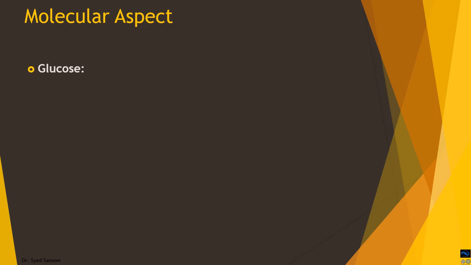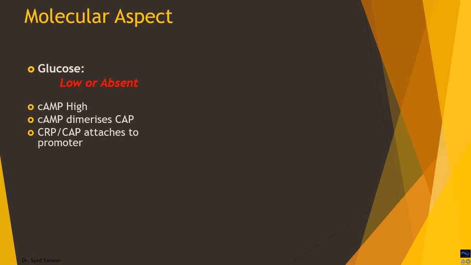So comparing the molecular aspect, when glucose is low or absent, what happens in the E. coli cell is that cAMP levels are very high, and in turn the cAMP will dimerize the catabolite activating protein, CAP, and then CAP will attach to the promoter, as you have already seen in the previous slide.